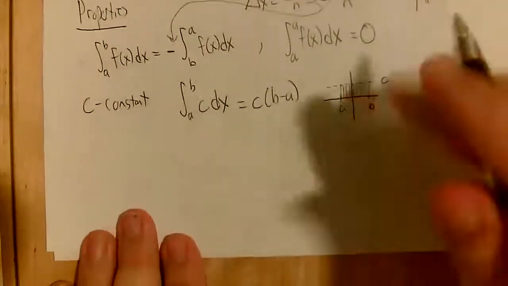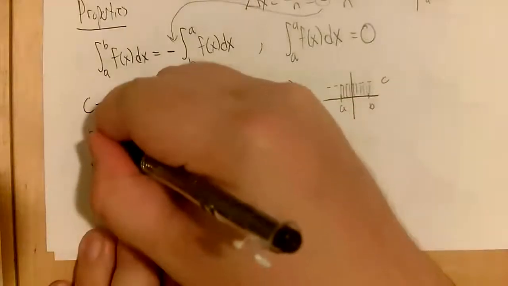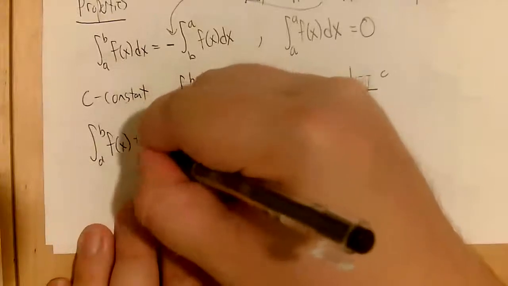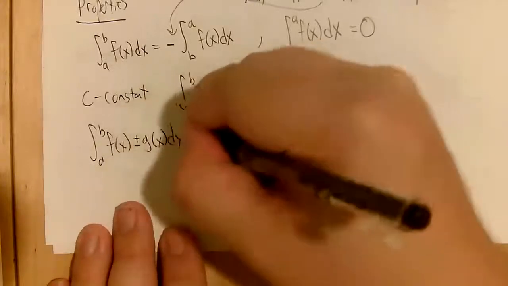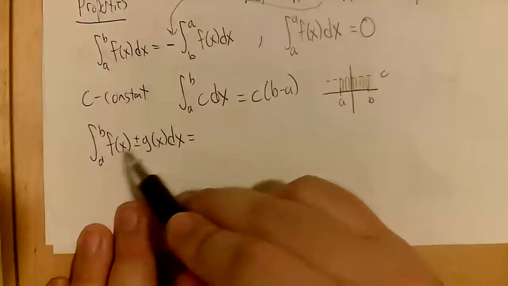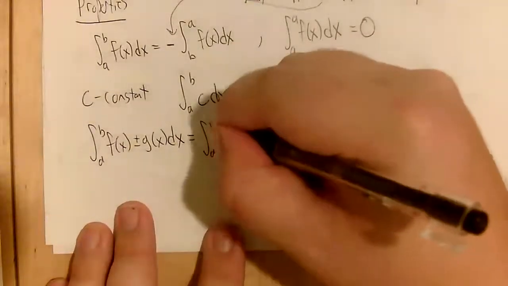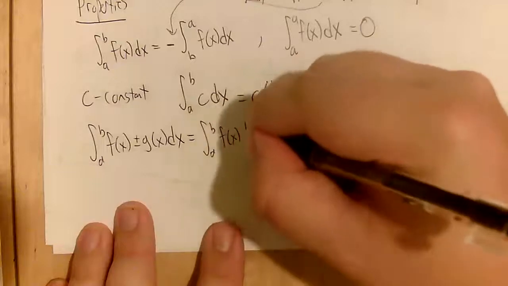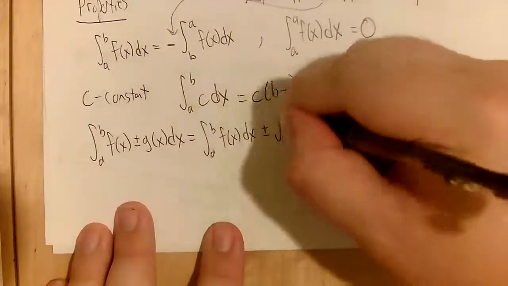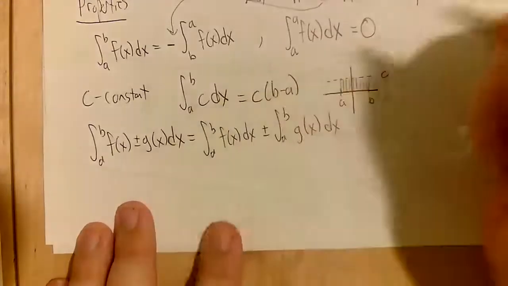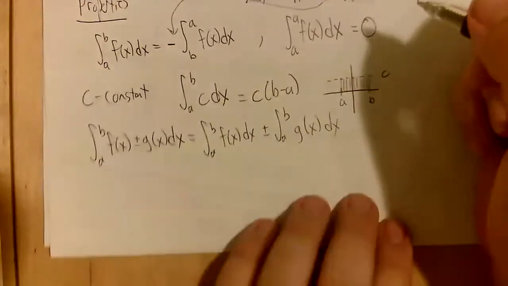And that's true of any constant function. All right, now let's say we had two functions added together or subtracted even. So if we have f of x plus or minus g of x, we want to find the area under the curve of these functions that are added and subtracted, then we could simply find the area under the curve for each one separately and then add or subtract them, depending on what operation we're doing.